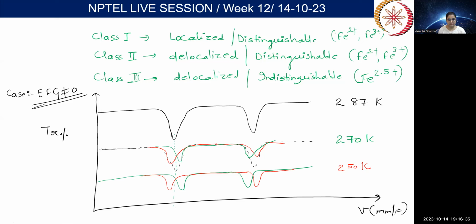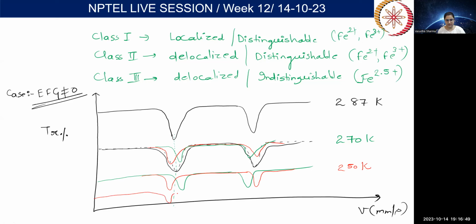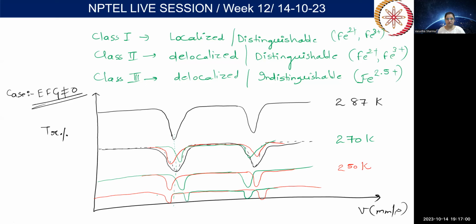That means whatever we were having here has been removed now, and only green and red traces are appearing. And at last, what we are observing is that red appears here, going in this direction, and green also comes separately here and here. So they are now not crossing, they are distinguishable properly. This occurs at 115 Kelvin.